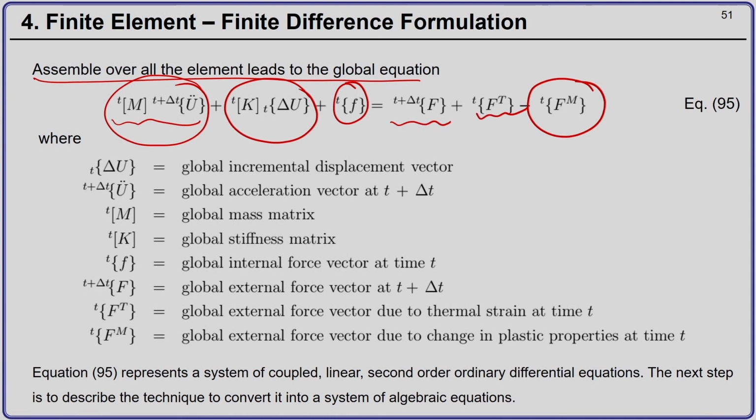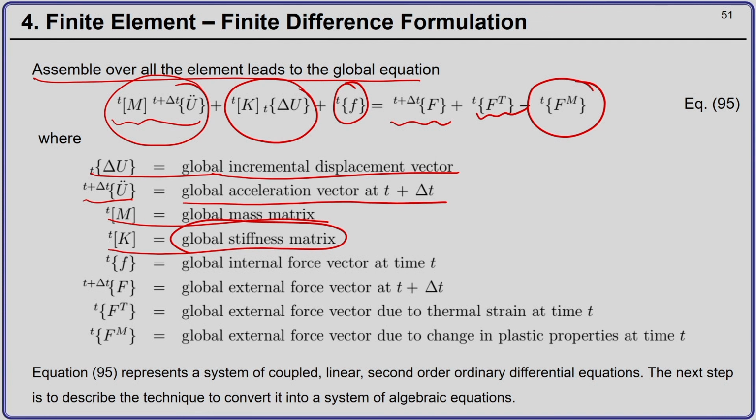So, here delta u is the global incremental displacement vector, u double dot at time t plus delta t is the global acceleration vector, M is the global mass matrix, K is the global tangent matrix, F is the global internal force vector, and this is the global external force vector at time t plus delta t.